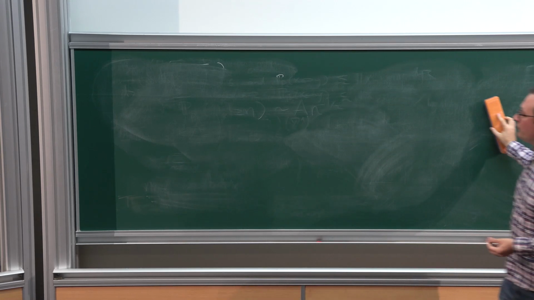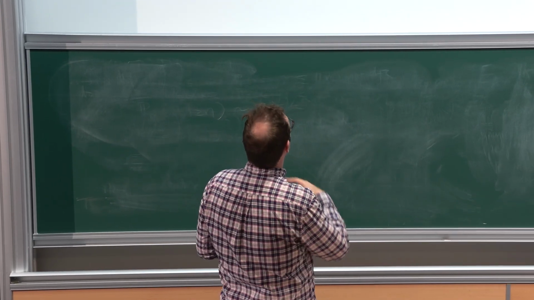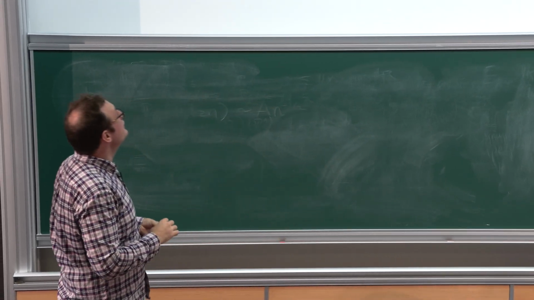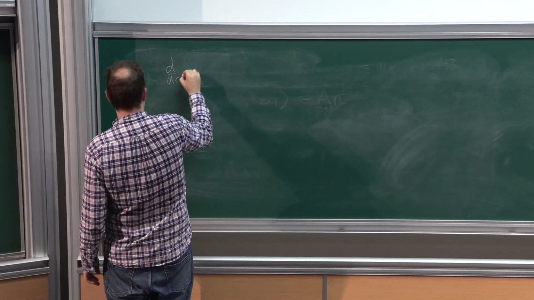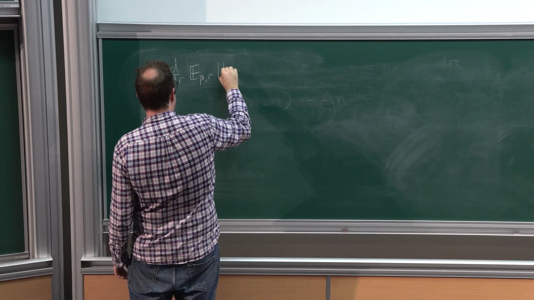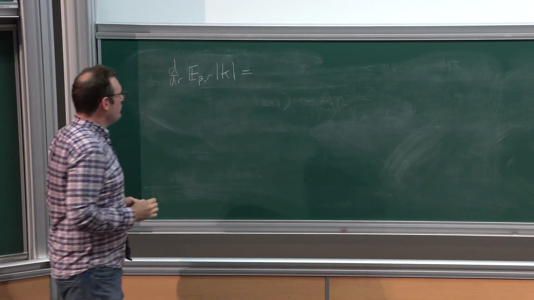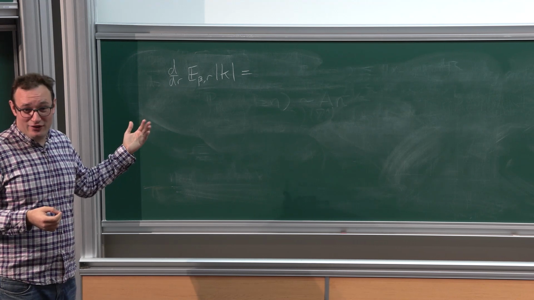So what I'm going to do is to just write our exact derivative identity as what we want it to be times a 1 minus error term, right?